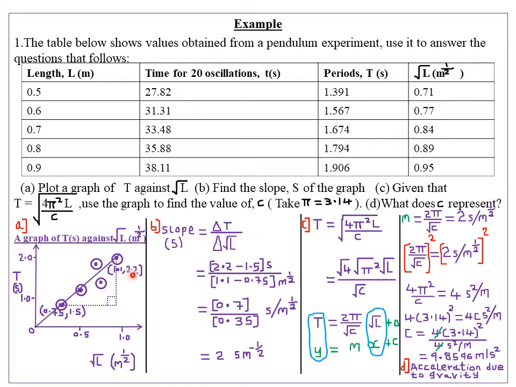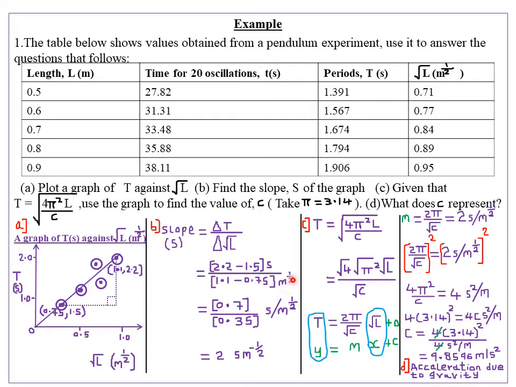Then of course, these particular points here, I use them. Change in y, for example, here I have 2.2 minus the other y here, which is 1.5. So change in time axis, that is period axis, divided by change in the root of L axis, so that I have 2.2 minus 1.5, of course seconds, because this was in seconds, then divided by the change of values in the root of L, so that I have 1.1 minus 0.75.